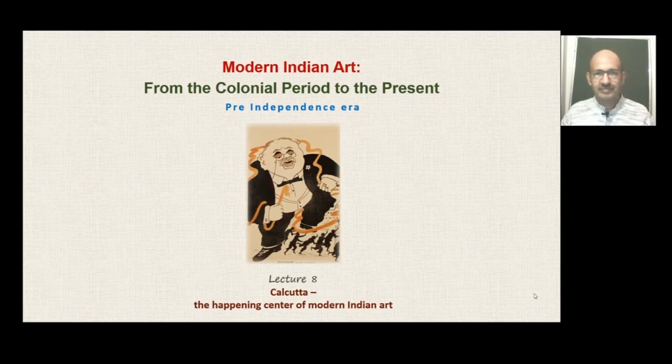that is the pre-independence period. And we are also going to see what is happening in Calcutta, which was emerging as the major center for modern Indian art during this time, in a scenario which we may loosely term as post-Bengal school. Well, Bengal school as a form of art, as a chosen ideology, was still there.